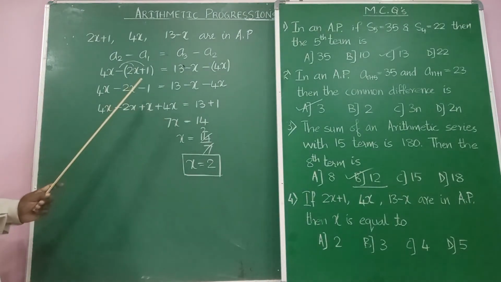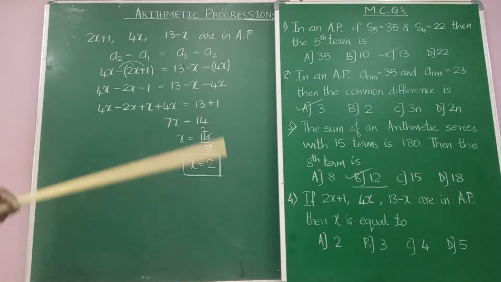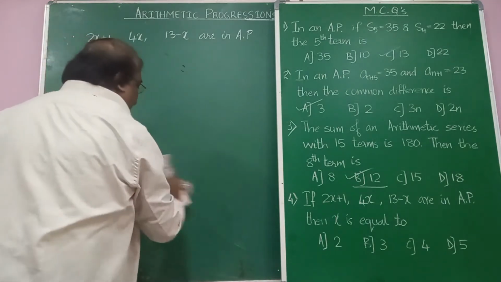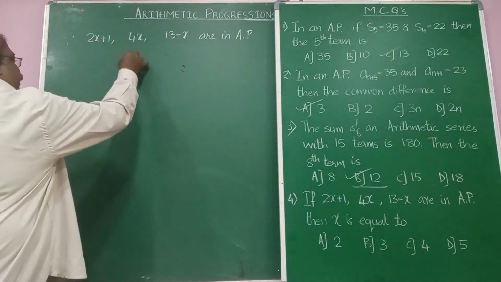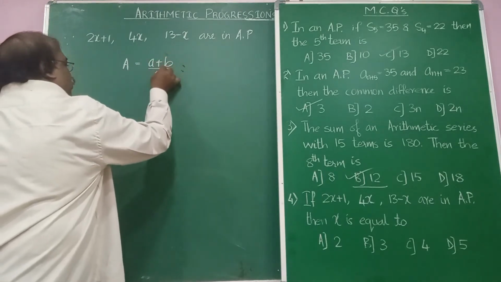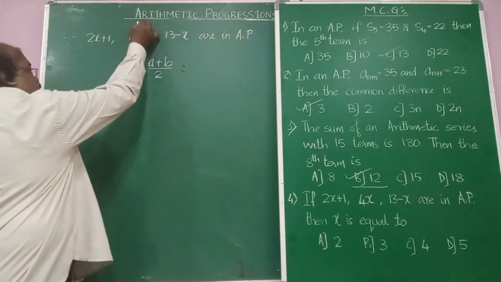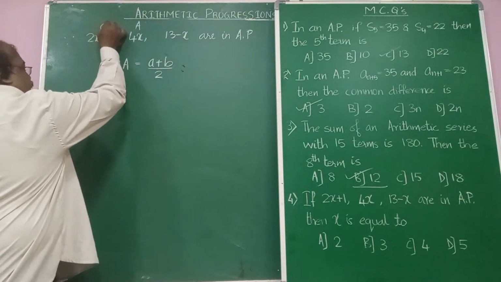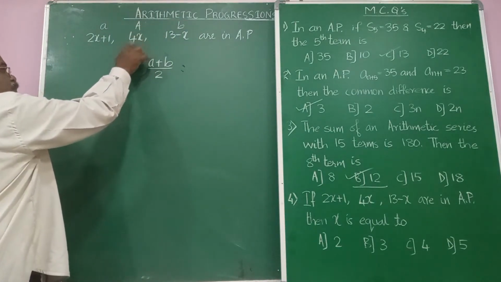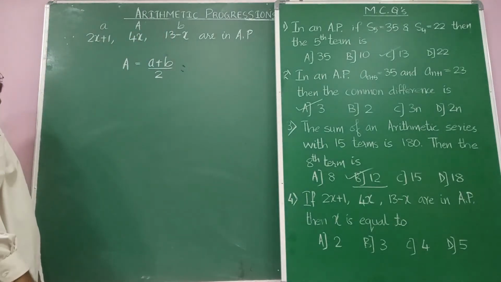I can solve the same sum using the formula for arithmetic mean. Now we know the arithmetic mean formula: capital A is equal to (a plus b) upon 2. Whenever three terms are in arithmetic progression, the middle term is the arithmetic mean between the side two terms. So let's assume the arithmetic mean to be 4x, a to be 2x plus 1, b to be 13 minus x.